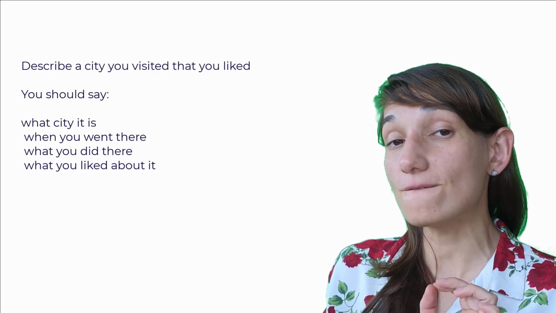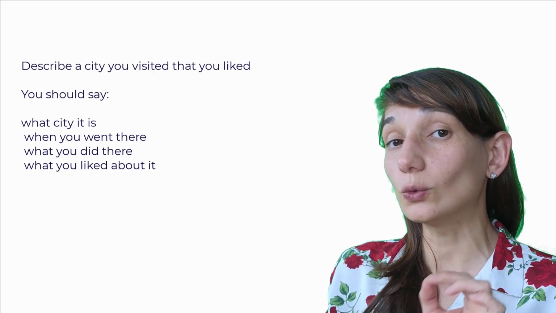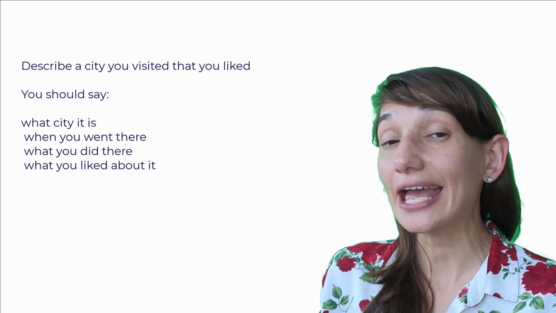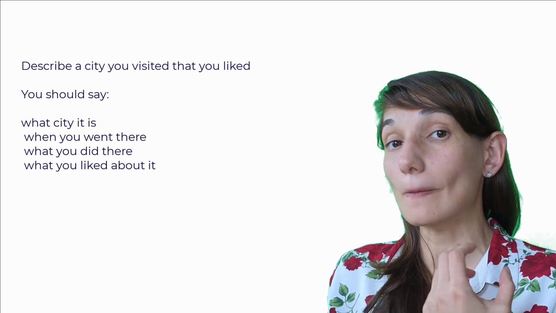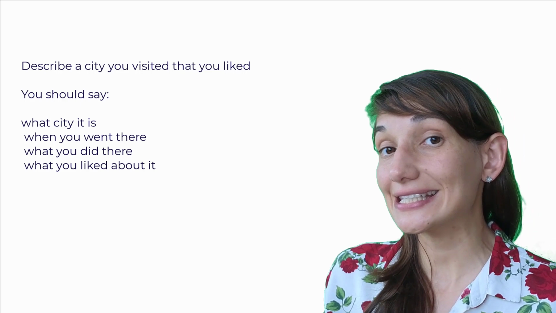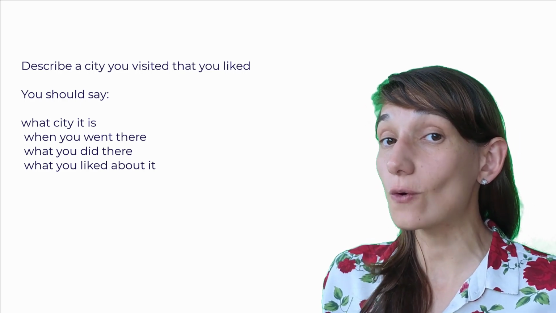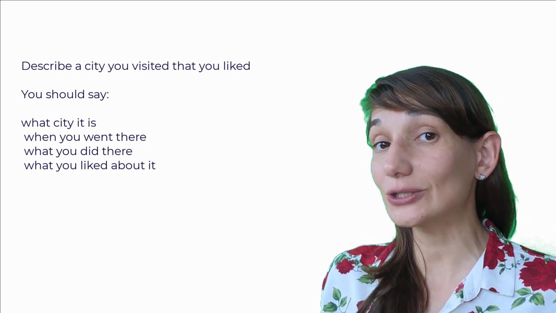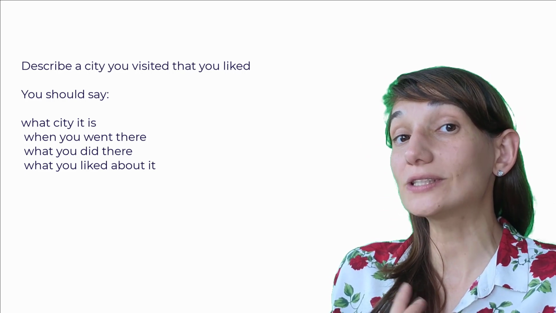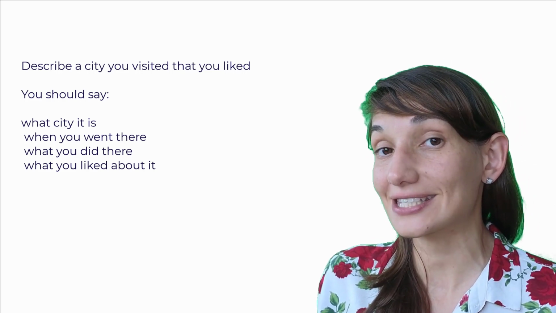It's usually describe a city you visited that you liked. And in this case, you are usually asked to mention what city it is, when you visited it, what you did there, and what you liked about this city.